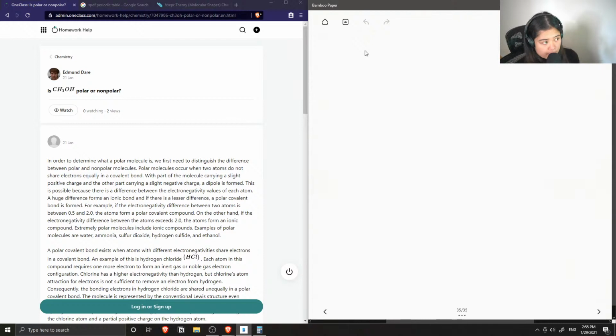Okay, so question number 5 is CH3OH polar or nonpolar? So this is also known as methanol. And we can sketch out the Lewis structure of methanol as well, just to see whether or not it's polar or nonpolar.